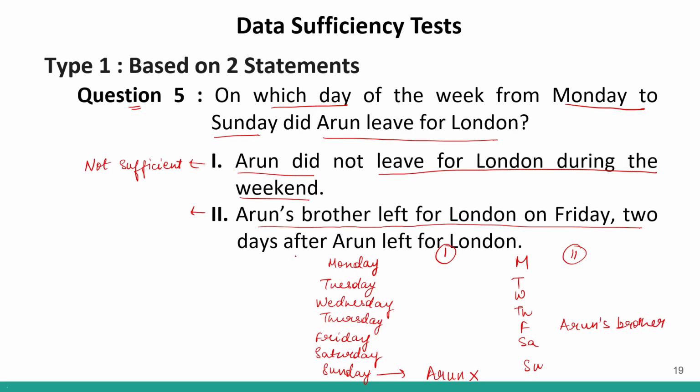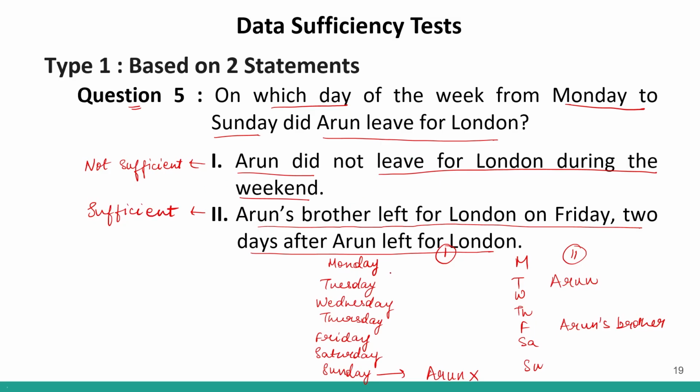And this is 2 days after Arun left for London. So 2 days after means Arun left on Tuesday. So based on statement 2, can I find the answer? Yes. Statement 2 is sufficient to tell me on which day Arun left for London.